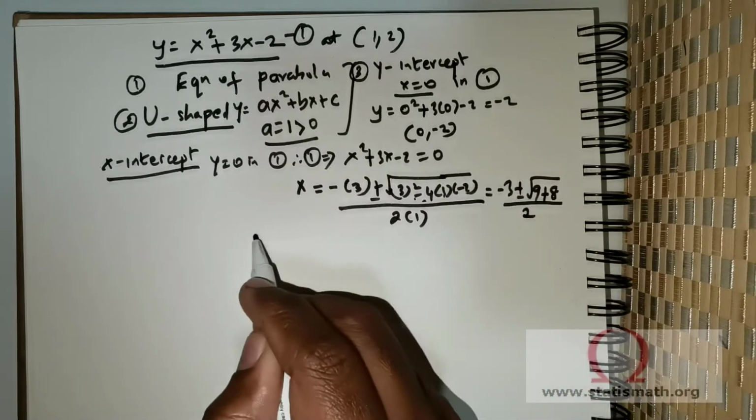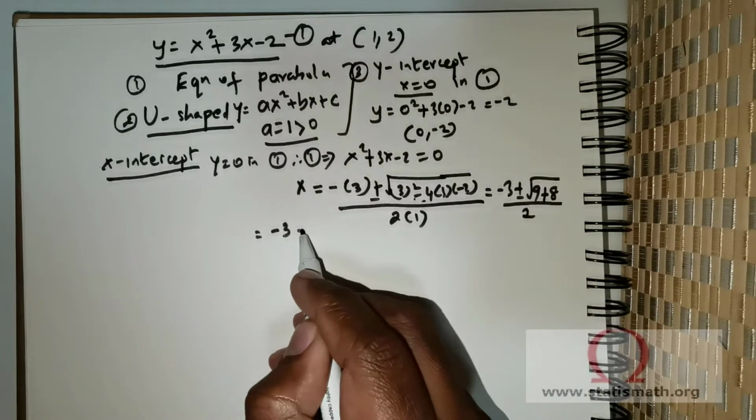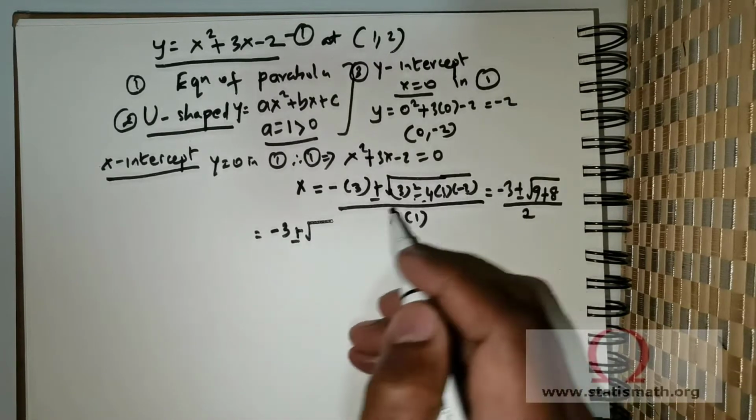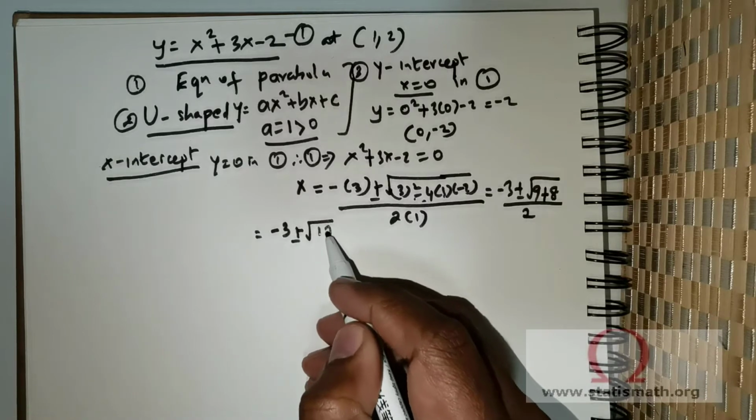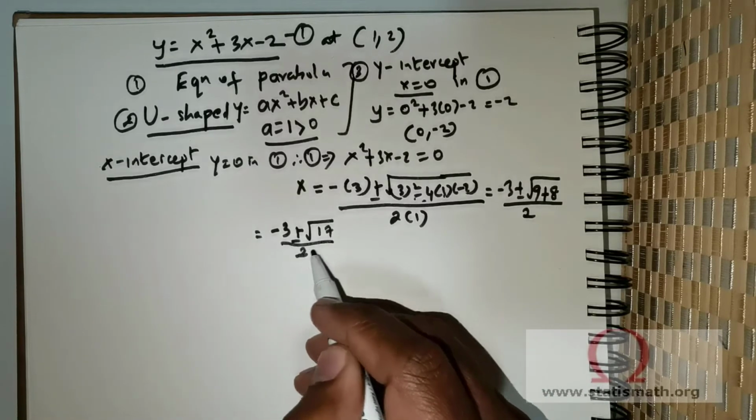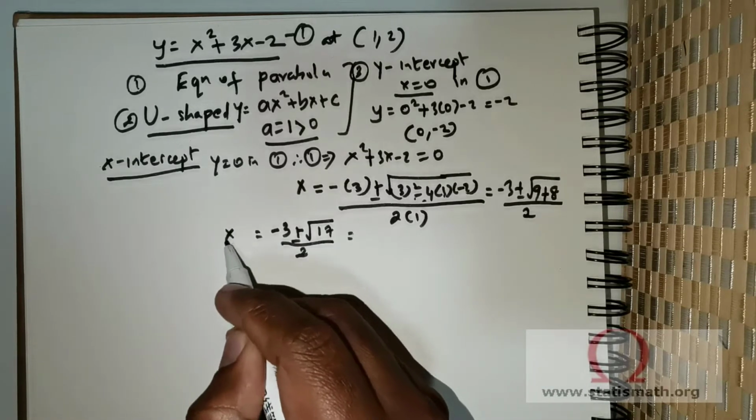So that would give me (−3 ± √17) / 2. So 2 roots would be there.